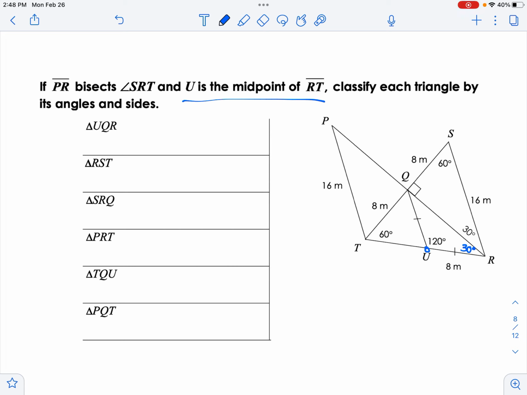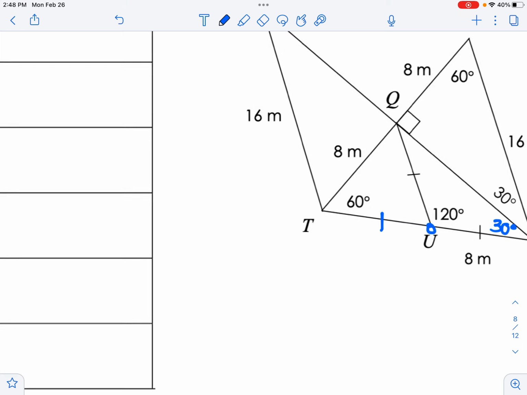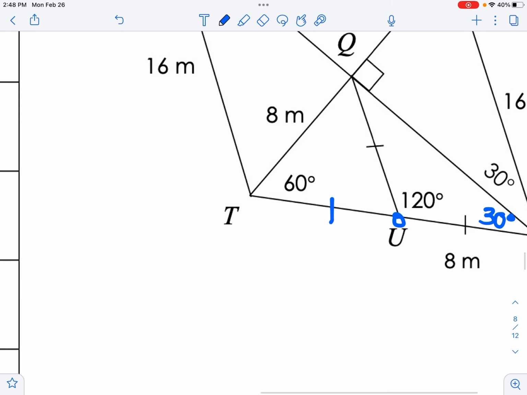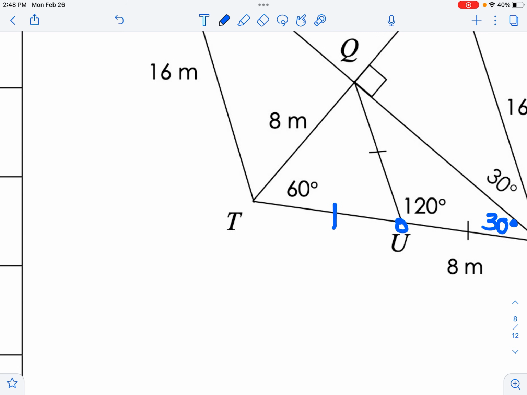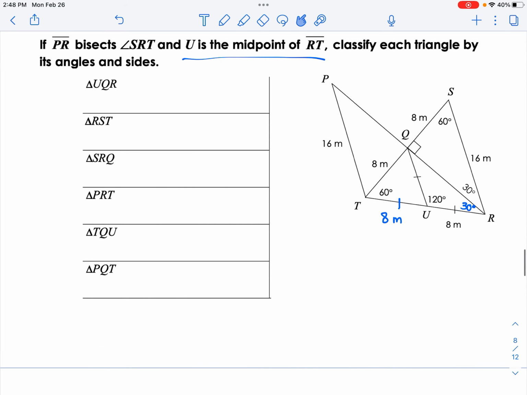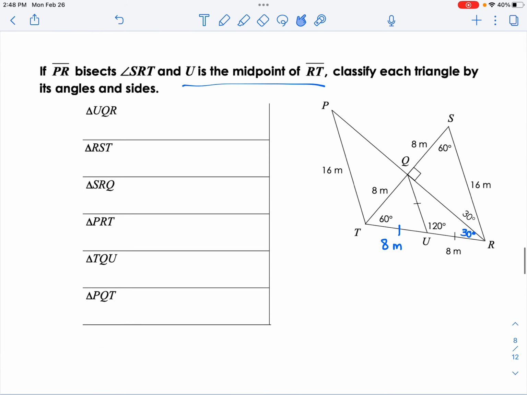So that means this has to also be the same as this one. So I'm going to use the same tick mark. It also says that it's 8 meters. I'm just going to put that in there too. All right, so now I have the information I need to proceed.